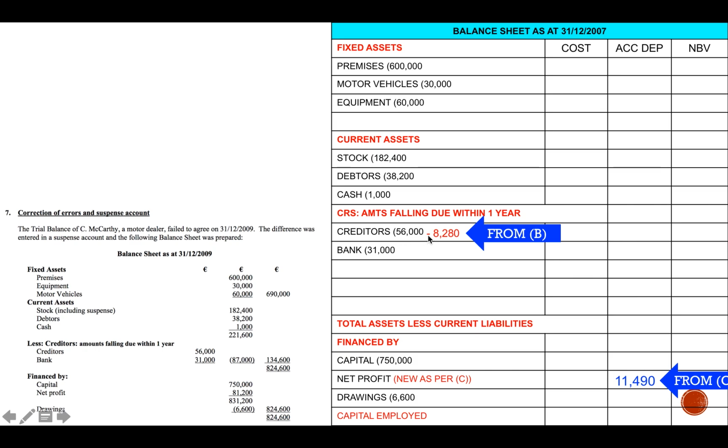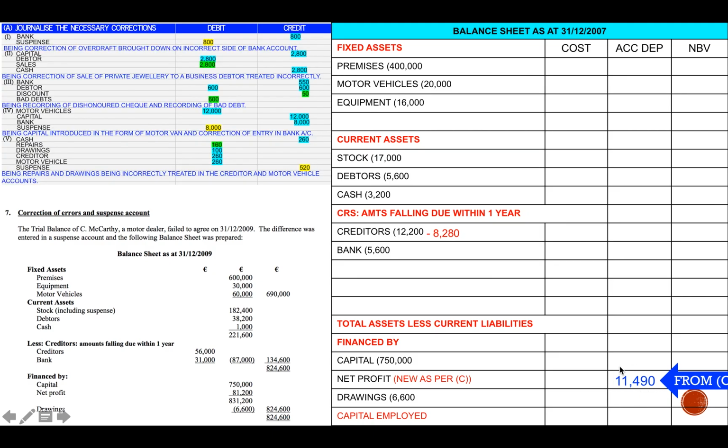You need to remember that in part B, the suspense account, we learned that we were going to take 8,280 away from the creditor's figure, and your net profit as per part C was €11,490 there. Okay, so back to part A, and we're going to adjust all our balance sheet items as we need to. So the bank here, this is a bank overdraft.